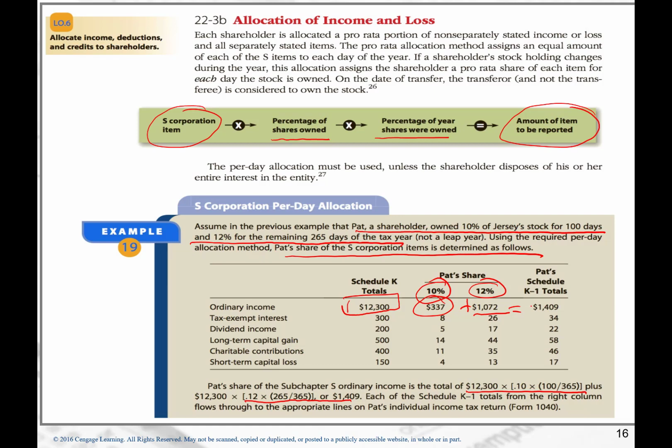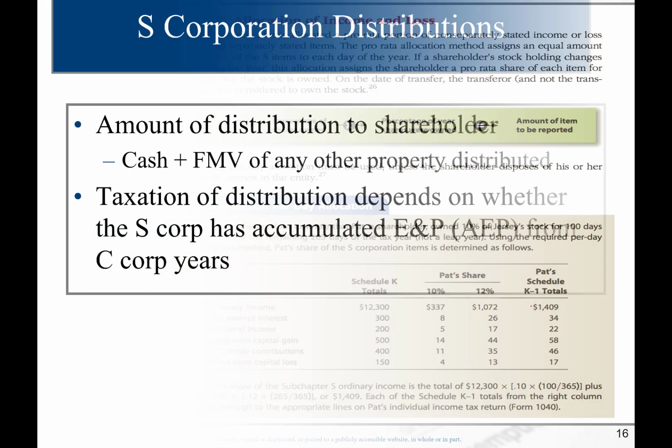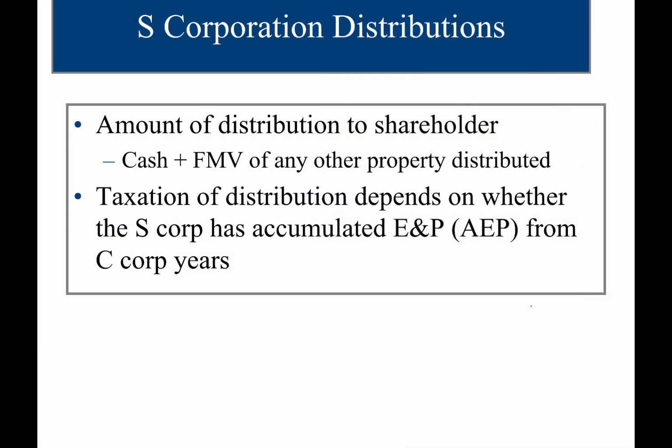Okay, good. Let's go ahead and take a look at now the distributions. There are two different ways that distributions are looked at or taxed, depending on whether there were earnings that were accumulated while the corporation was in C Corp status.